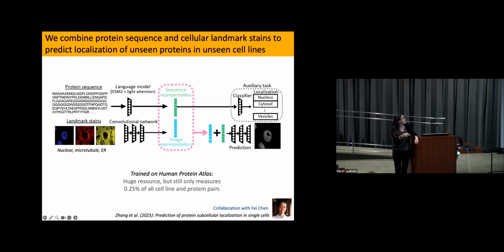But in order to also generalize to unseen proteins, we also have the protein sequence go in. And from these two, we generate the image of where that particular protein is localized.